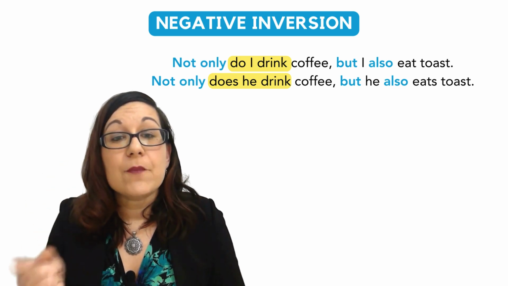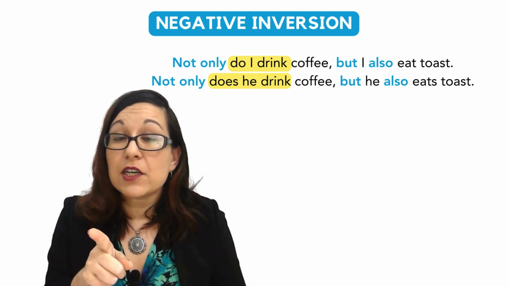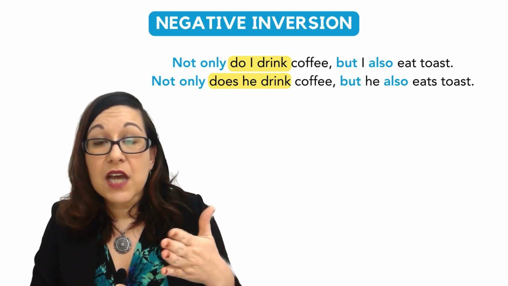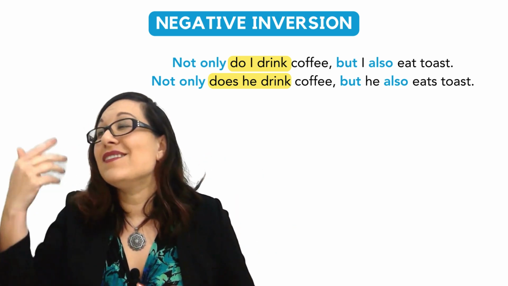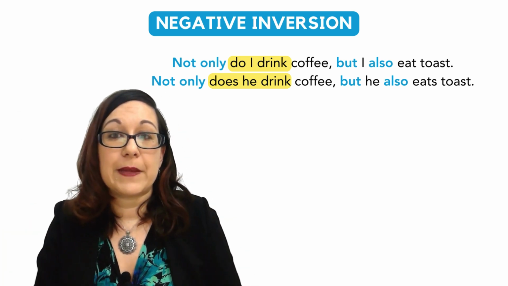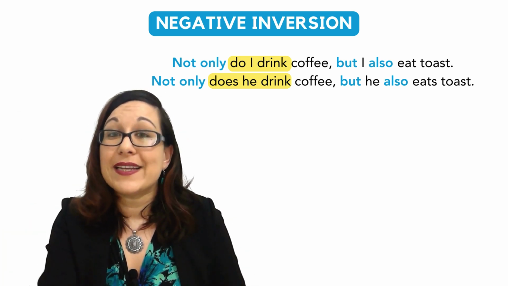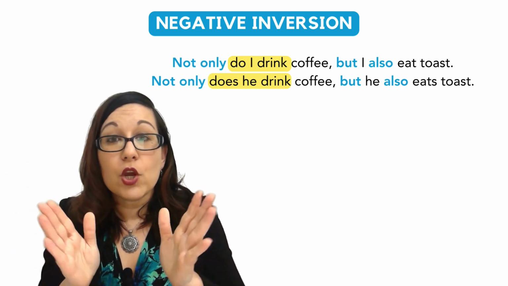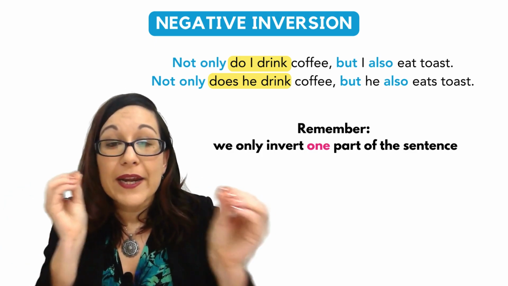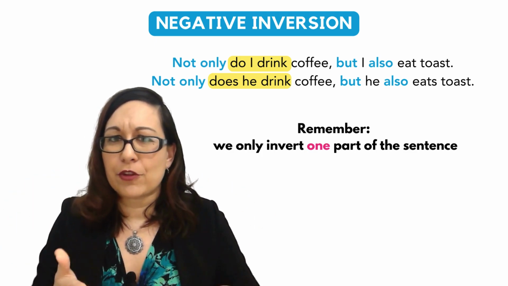Not only do I drink coffee, but I also eat toast. Not only does he drink coffee, but he also eats toast. Like many things in English, we don't like doubles. So you can only invert one part. Don't invert the other part as well.